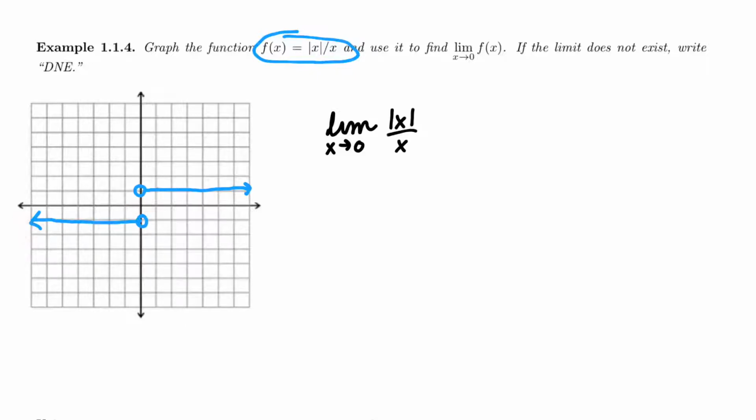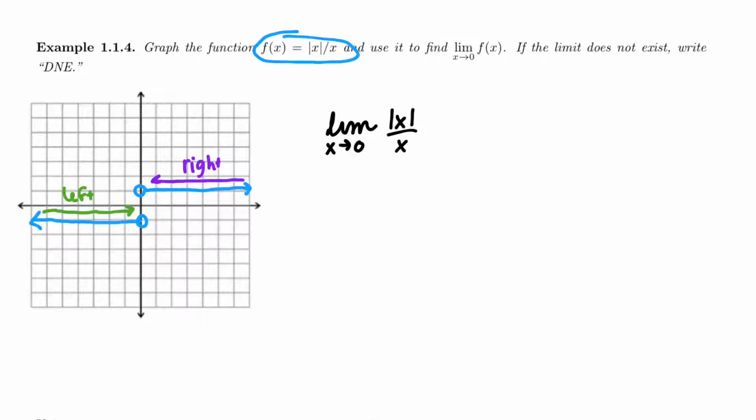All right, approaching that x value from the left, coming this way, it looks like we're approaching -1. If I'm just tracing, it looks like we should be at -1 when we get to 0. If I come from the right, tracing my finger along here, it looks like we're approaching +1.